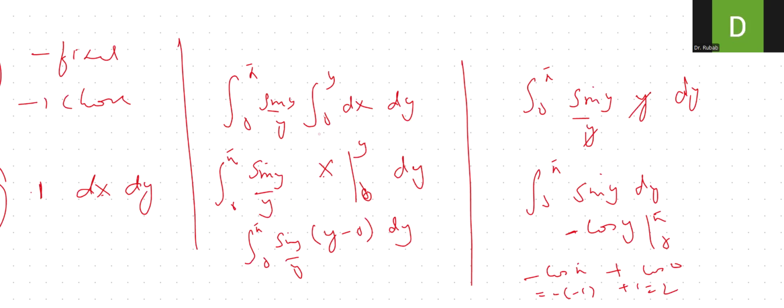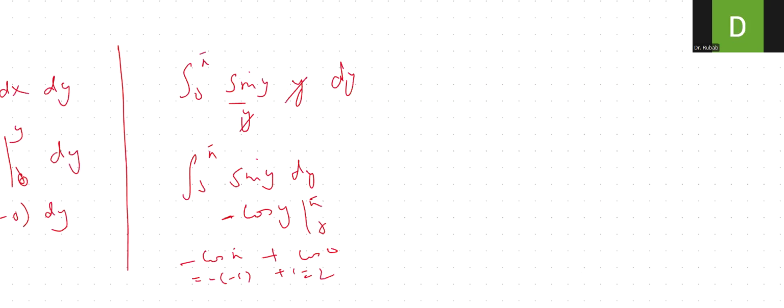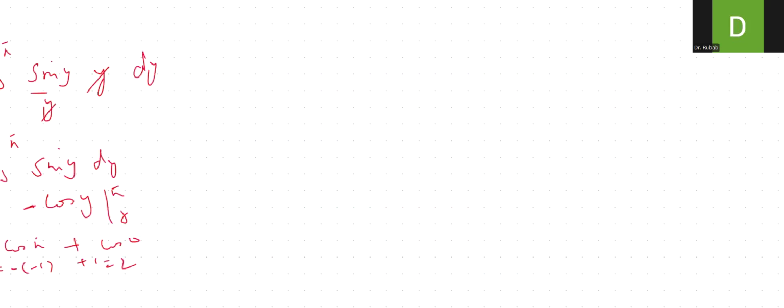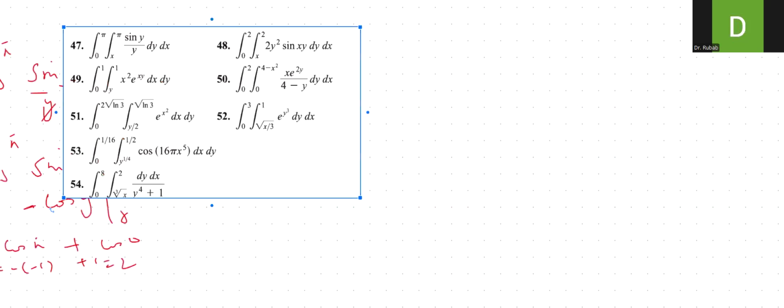So this is the topic of reversing order. And the questions of the exercise mostly deal with this concept, right? If I paste the questions of the exercise, you can see the exercise.